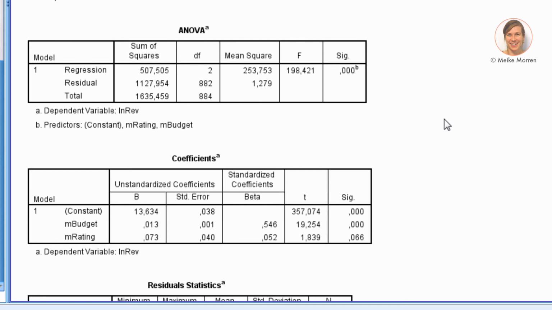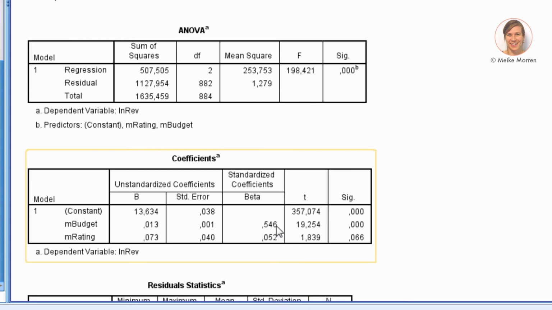Now the standardized coefficients actually show what it means if rating would increase with 1 standard deviation. If it would increase with 1 standard deviation, the log revenue would increase with 0.05. If the budget would increase with 1 standard deviation, the revenue would increase with 0.546.